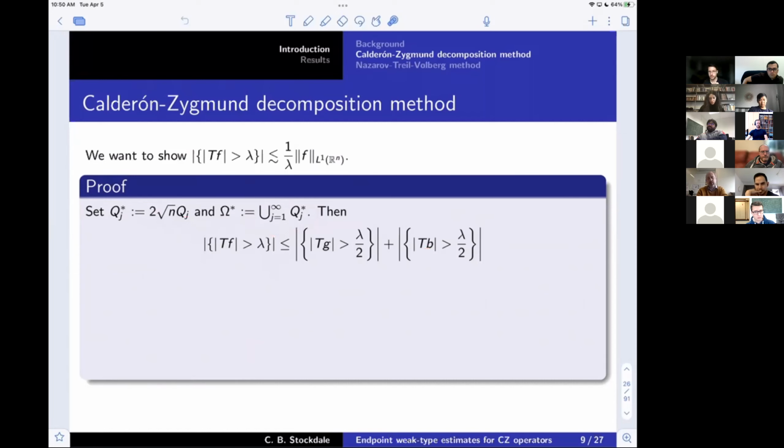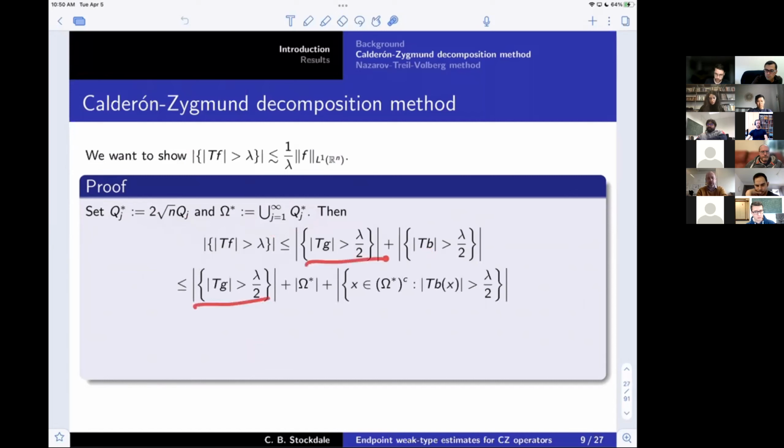That's going to give you some space that will allow you to invoke some properties of the Calderón-Zygmund kernel and perform the estimate. So then this first piece is the same as this first piece, but we take this set involving b and intersect it with our enlarged support of b and its complement. So we're intersecting with omega star and omega star complement. So we have 3 terms that we'd like to estimate.